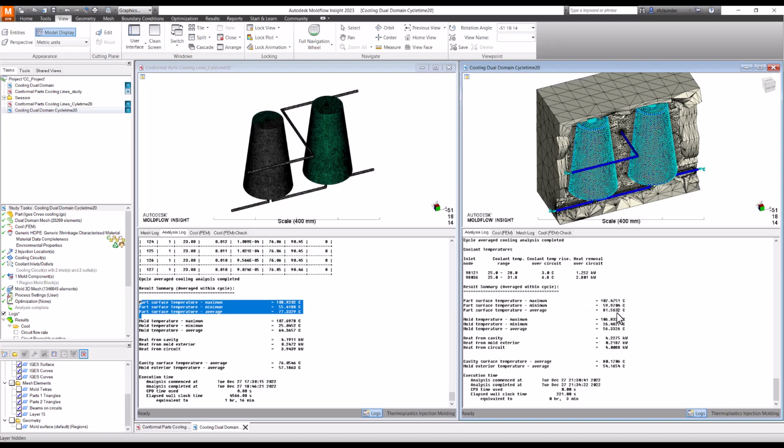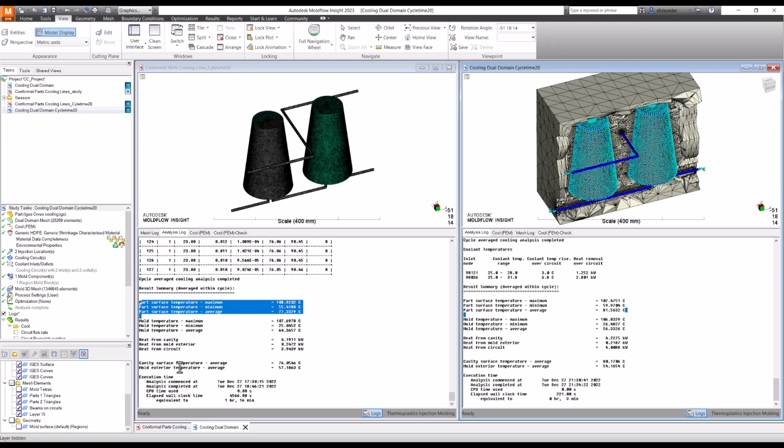The average also has approximately a 4 degree difference. This is not a very huge difference. And as I told you, if you try to run a transient analysis, this difference will further go down.